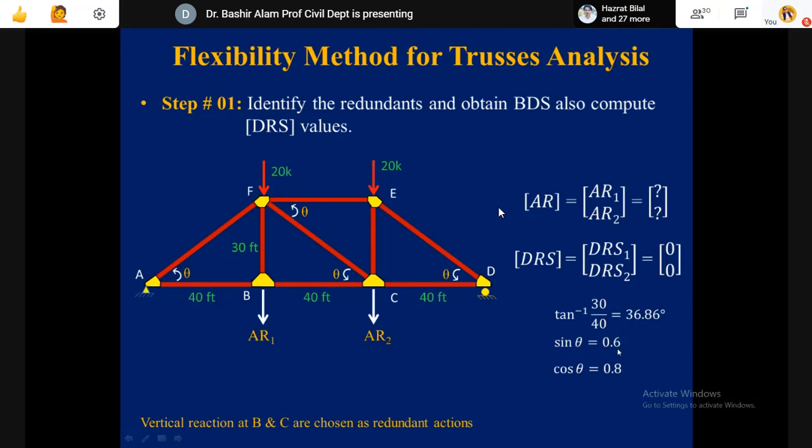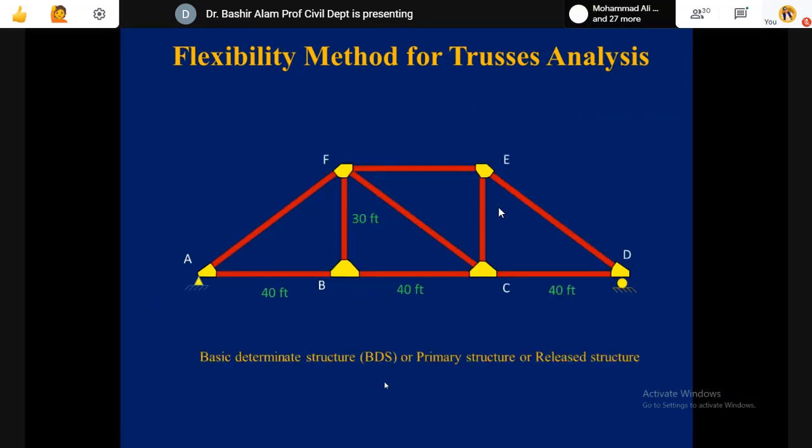So the sine component will be 0.6 and the cos component is 0.8. Now vertical reactions at B and C are chosen as redundant actions. Why these? Because it is giving you the simply supported structure now, which is always a basic determinate structure. Next, here the basic determinate structure is shown.